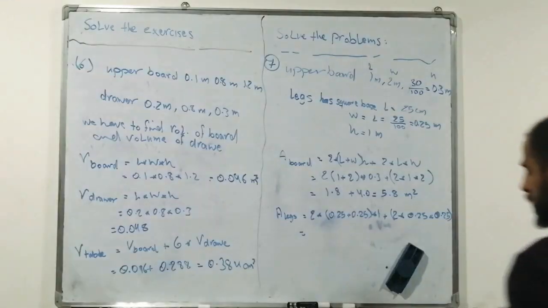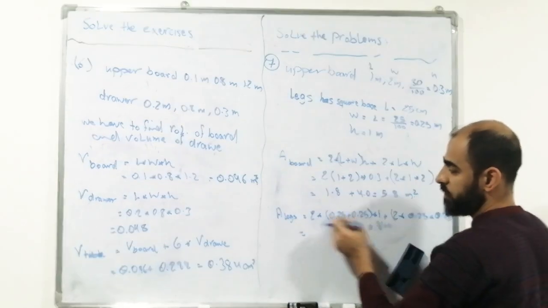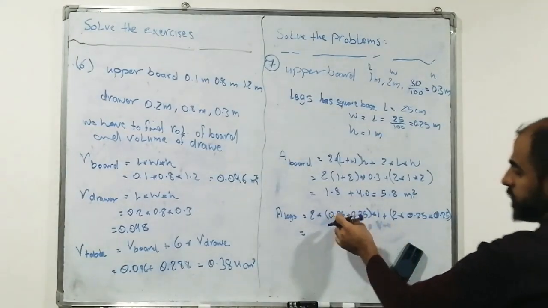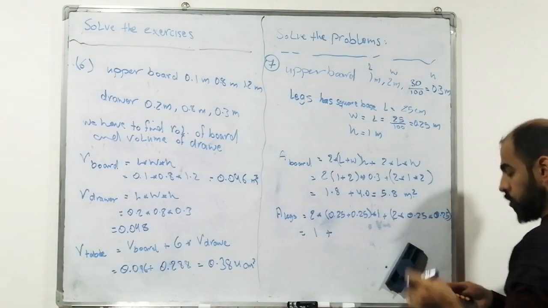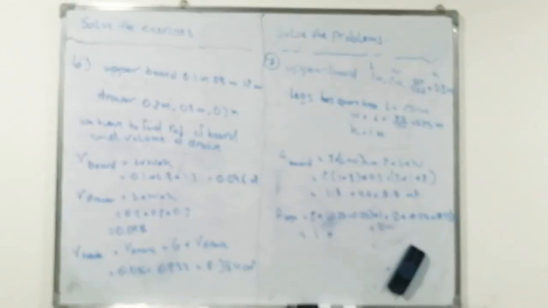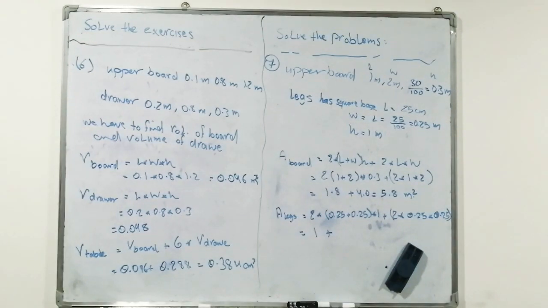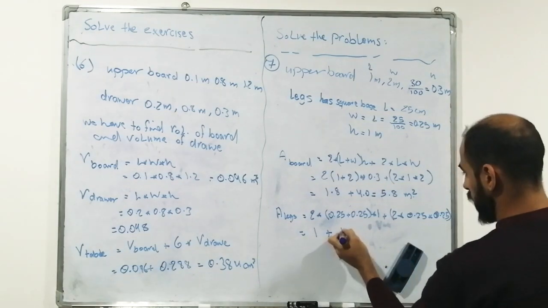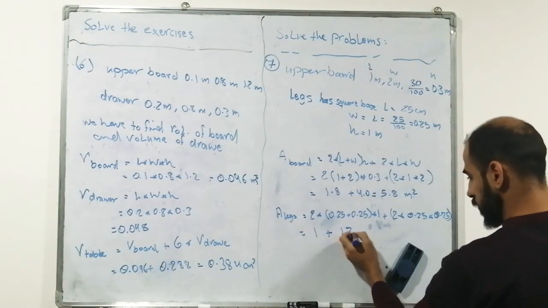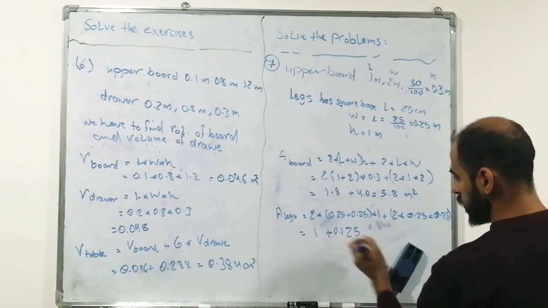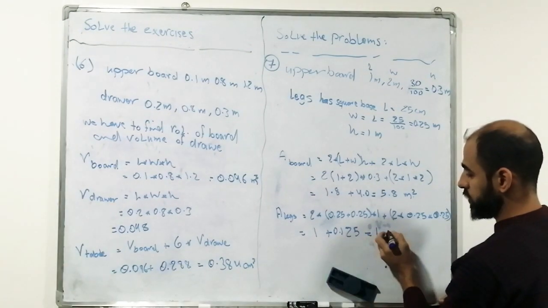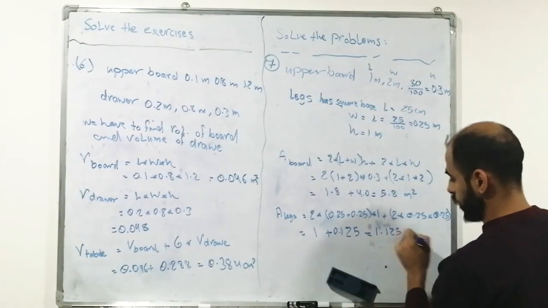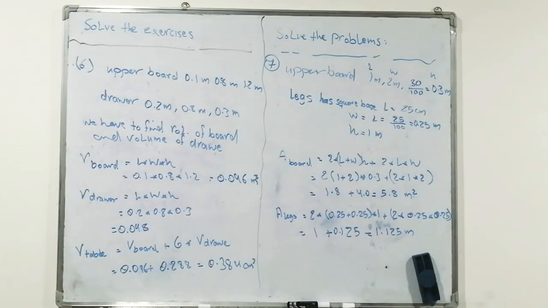Now multiplying 0.25 and 0.25, and so the total area is 1.125 meter to the power 2.